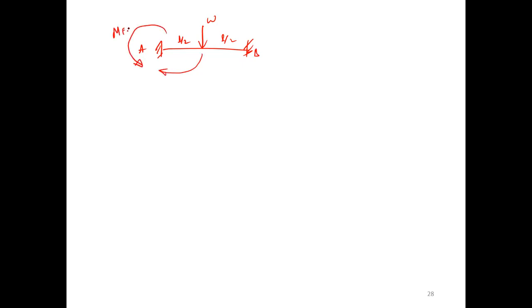Anti-clockwise. So MFAB, how is it rotating? Anti-clockwise. What is the resistance? Clockwise. MFBA. So when you write the equation, MFAB equals minus WL by 8. MFBA equals WL by 8. Why is it minus? It is anti-clockwise. Why is it plus? This is clockwise.